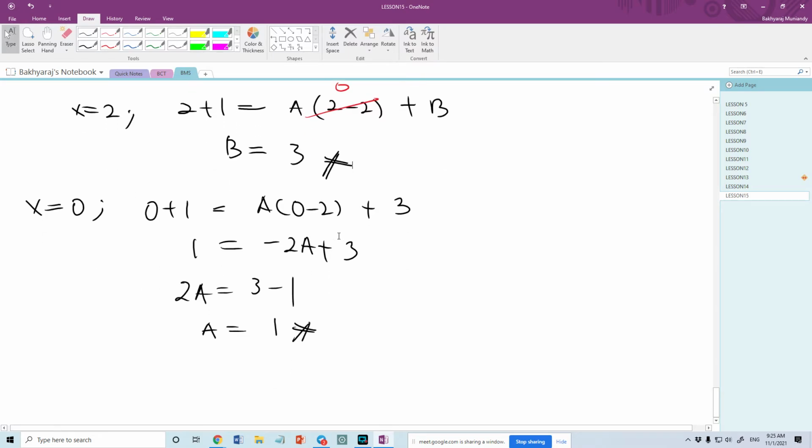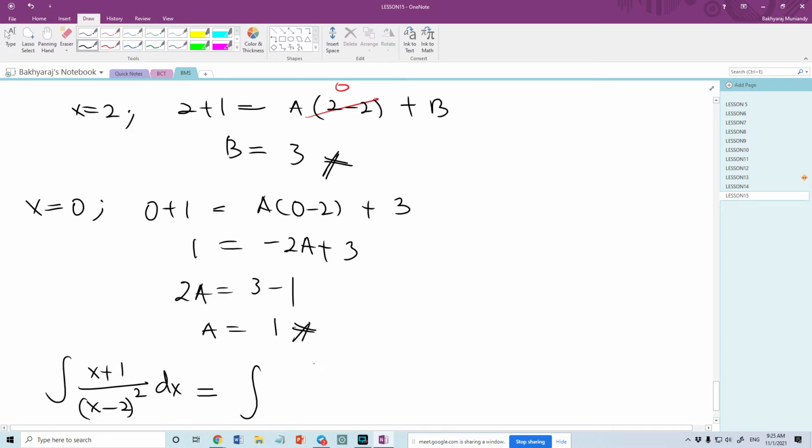Okay, so integrate. So just now the question is x plus 1 divide x minus 2 square dx will be equal, okay, integrate. And a is what?